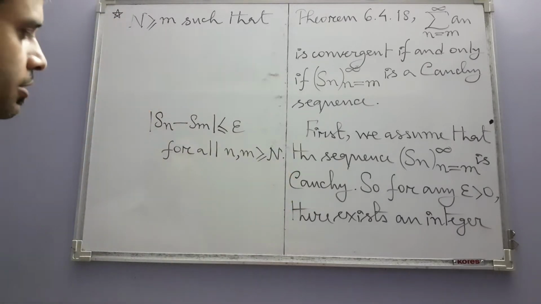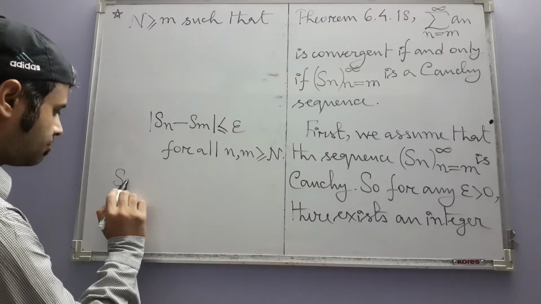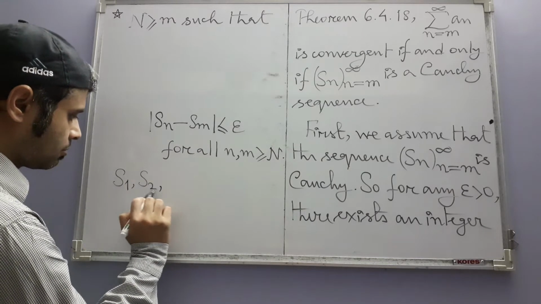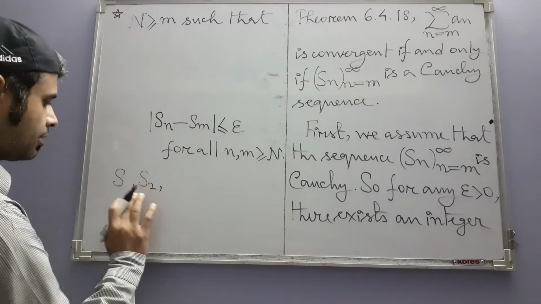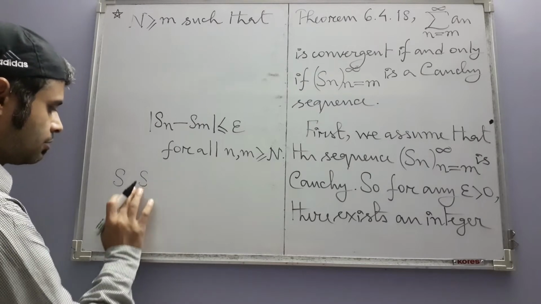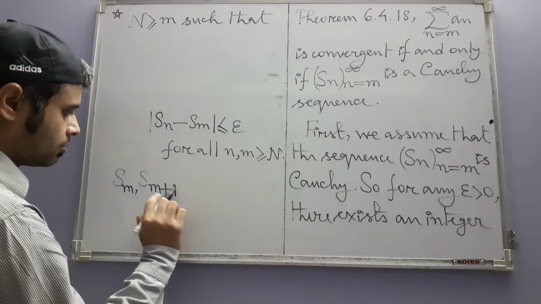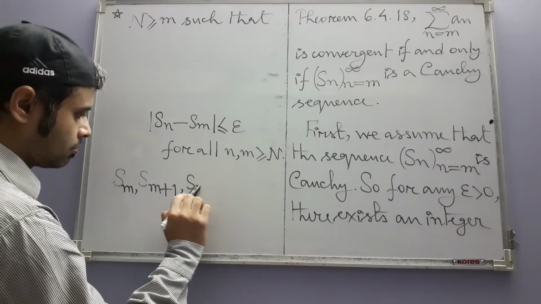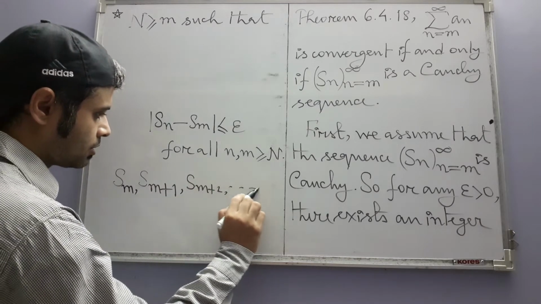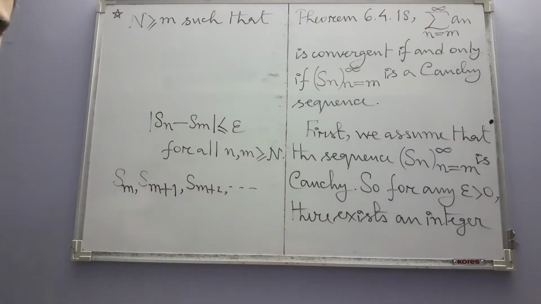Okay, so it just simply means this, that we cannot take 1 and 2, right? Things are starting from m. The original sequence of partial sums goes like this.